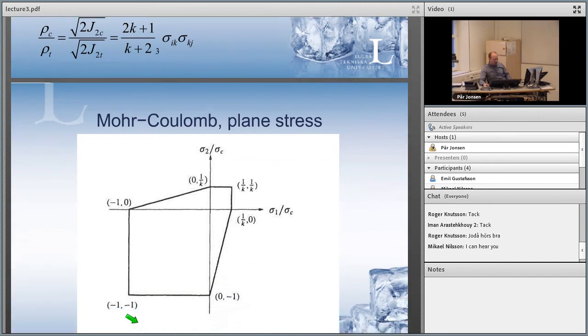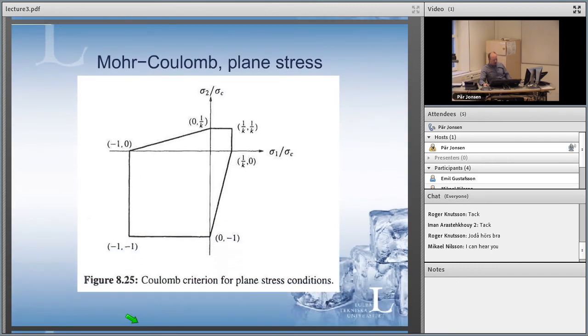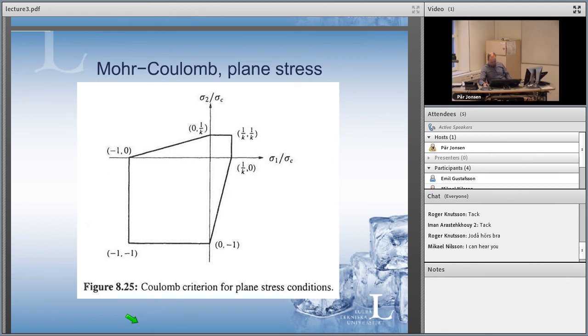If you have looked at models, this is one way of expressing the Mohr-Coulomb model in plane stress. It will be a square, and you have the biaxial tension, biaxial compression, tension, compression. And as you saw with the Drucker-Prager model, it's weak in tension, strong in compression.